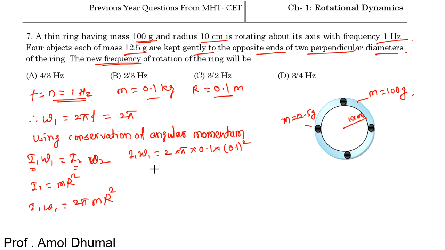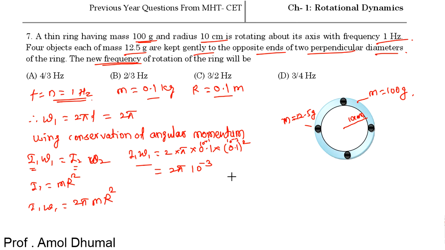So here we get 2 pi into 10 raised to minus 3. This is the 10 raised to minus 1 and this will become 10 raised to minus 2. So total is 10 raised to minus 3. So the I1 omega 1.